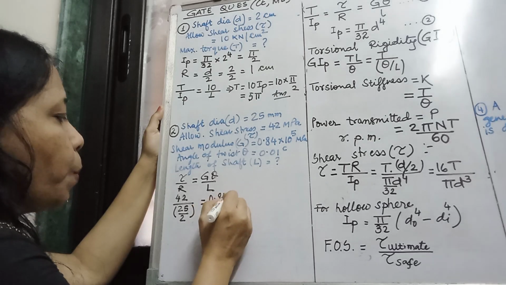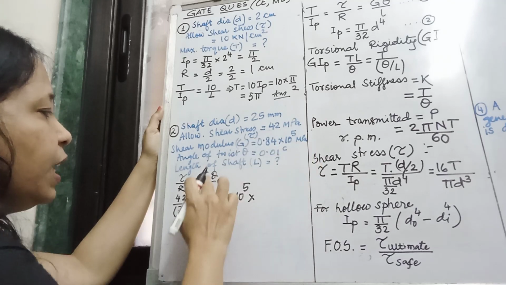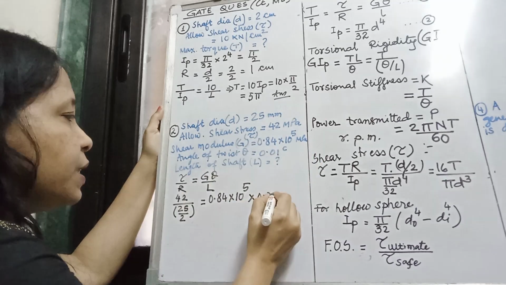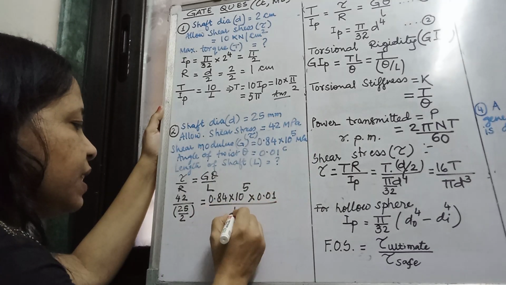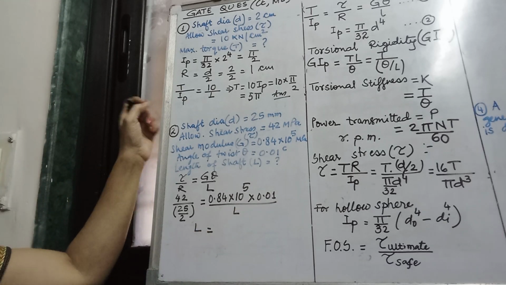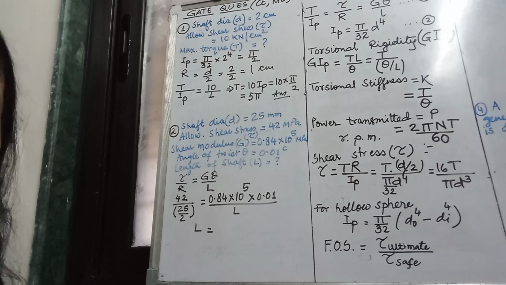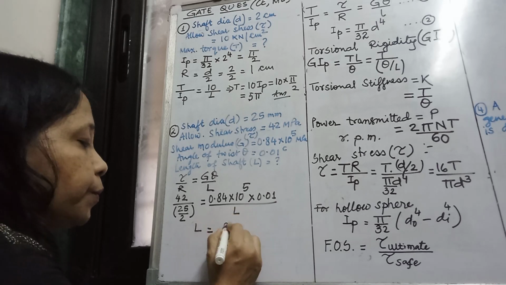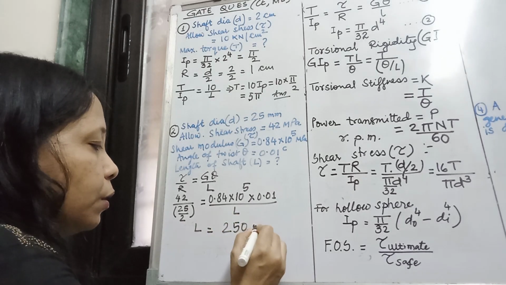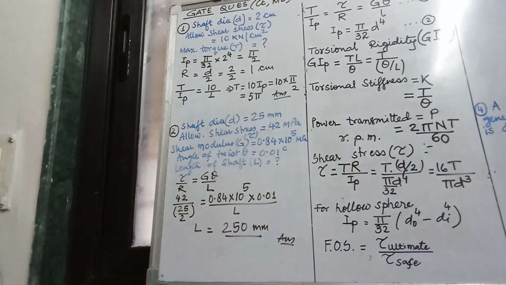G is given. Theta is 0.01 and this is L. So we have to find the value of L. Is it clear? Please put your answer in the comment box. How much are you getting? 250 millimeter. Is it okay?